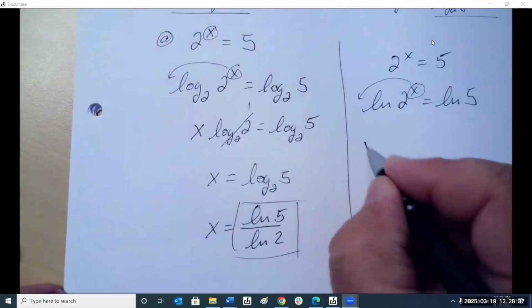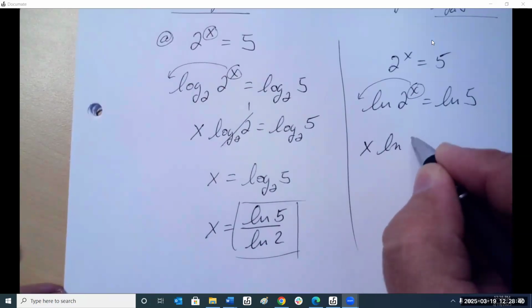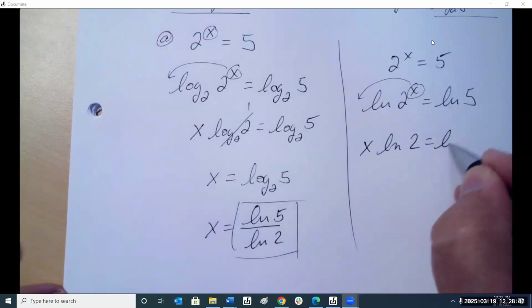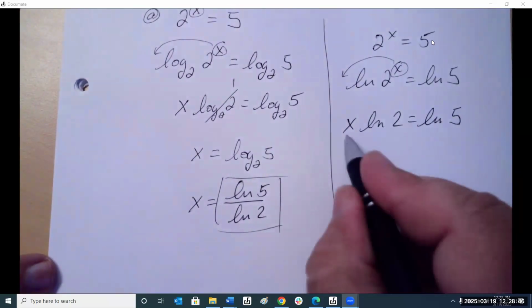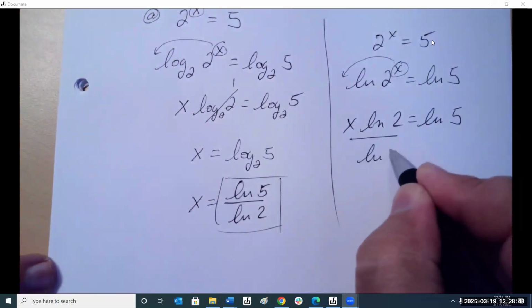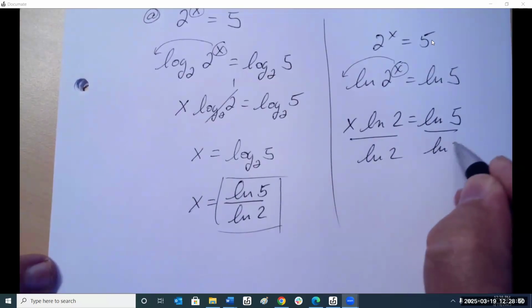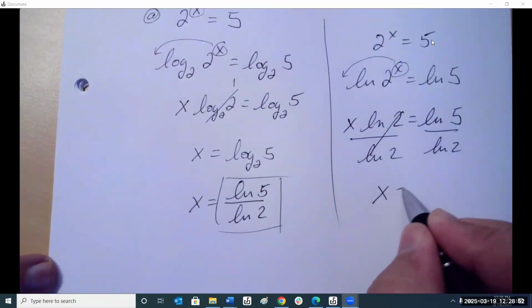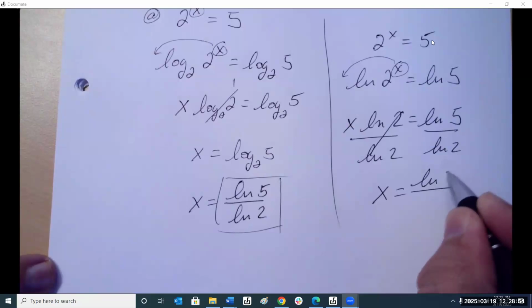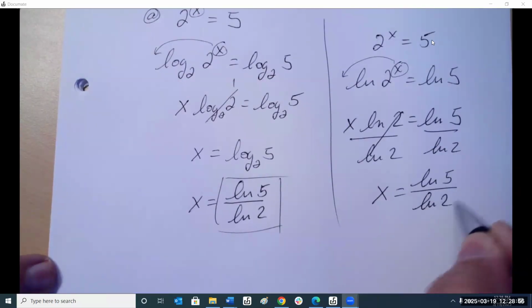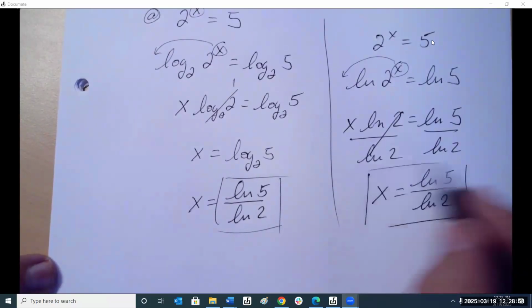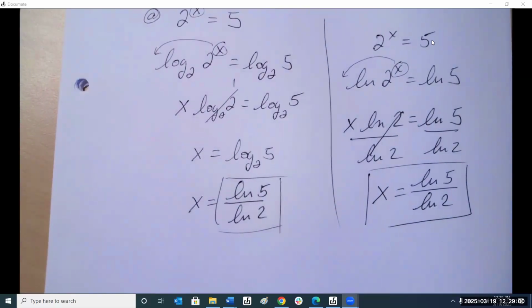It puts it back into the equation. Now to get the x by itself, I divide by ln2 on both sides. That's the same answer.